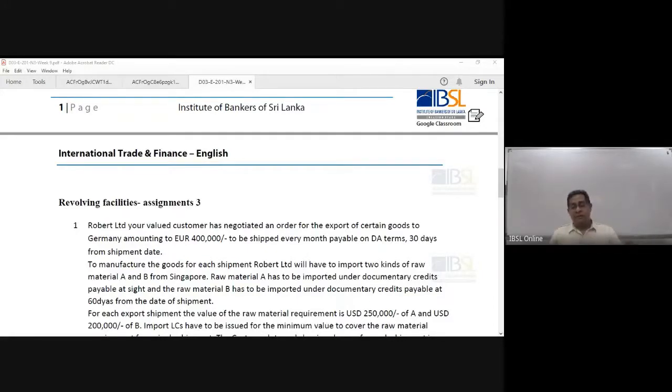Onboard stamp means from the date of shipment, right? So you have to demand the payment from date of shipment, in other words. So you say, apart from shipping documents, a usance bill of exchange or a draft should be drawn demanding payment 60 days from the date of shipment.